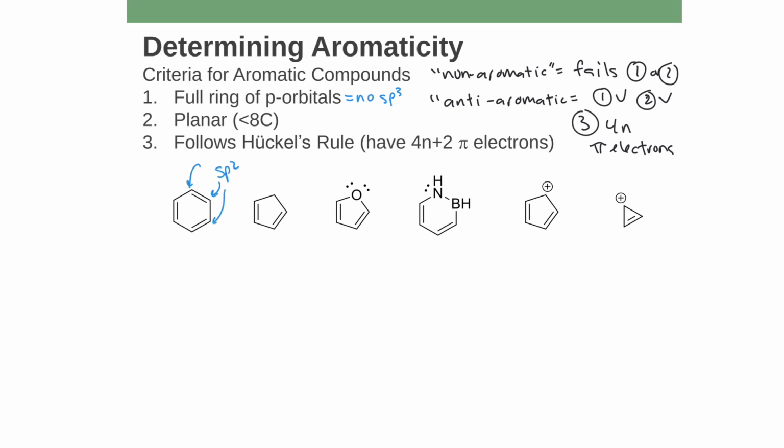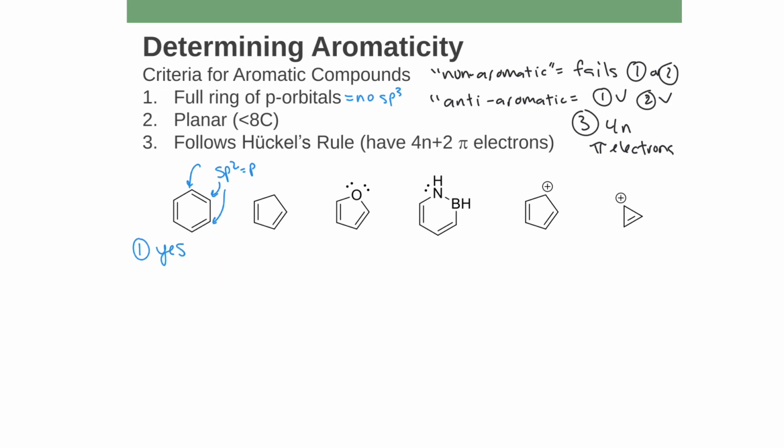They all have 3 areas of electron density: the carbon to the left, the carbon to the right, and the hydrogen that they're attached to. So they're all sp2, which means they all have a p orbital left over. If you've hybridized 2 of your 3 p orbitals, that means you still have 1 p orbital left over. So benzene definitely follows the full ring of p orbitals. So for number 1, yes, it does have a full ring of p orbitals.